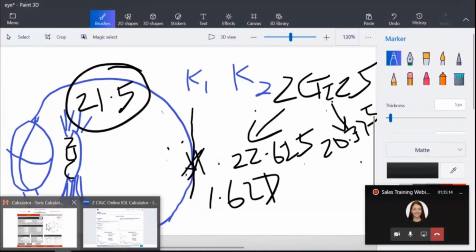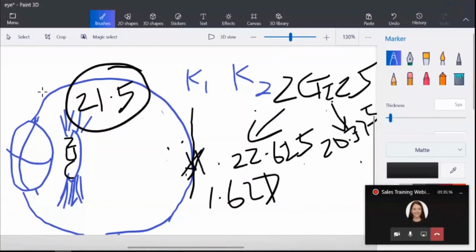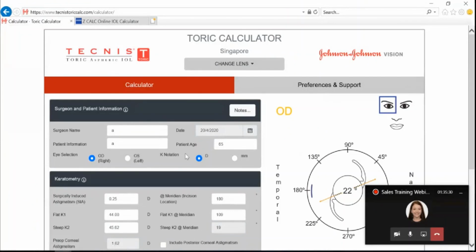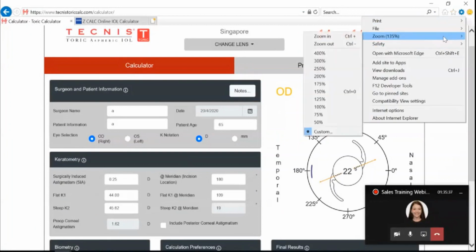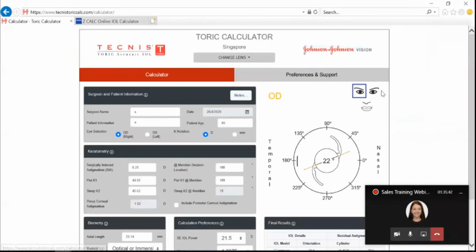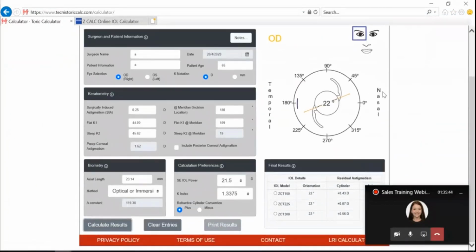So if we look at the toric calculator, I put in the example here.